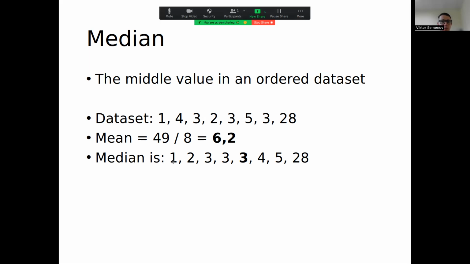But when we calculate the median in this case, what do we do? We order the numbers from the lowest to the largest, and then we calculate median. For this specific data set, we need to select 2 numbers in the middle, because the overall number of observations is 8, and find the average among them. So we select those 2 in the middle, which are 3 and 3.